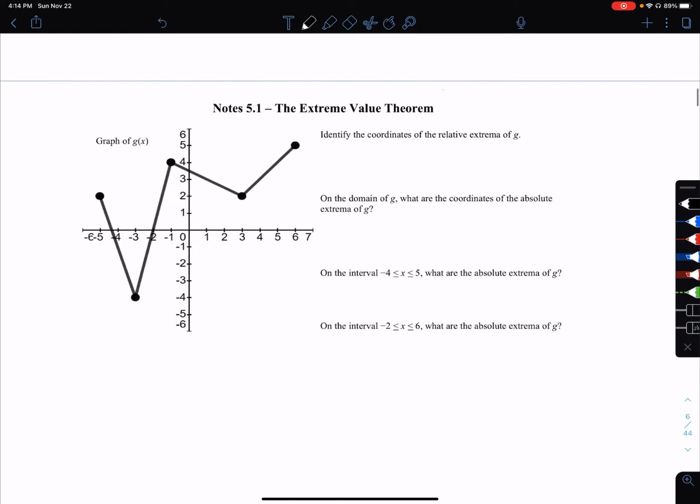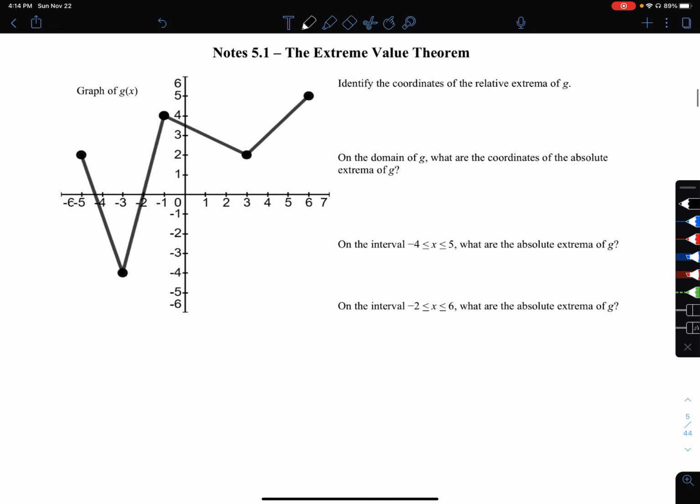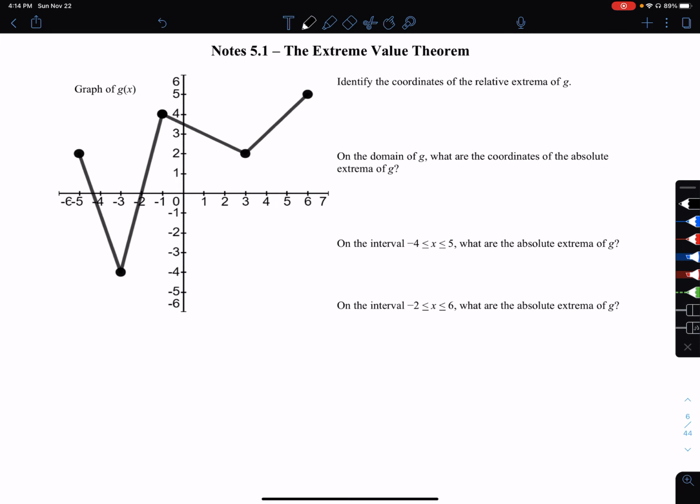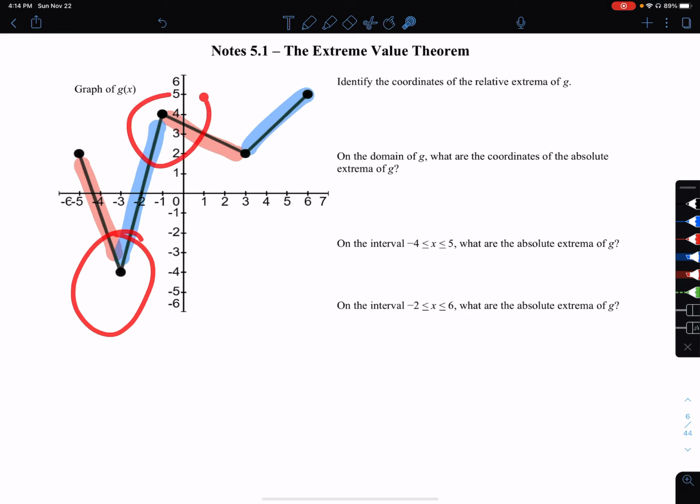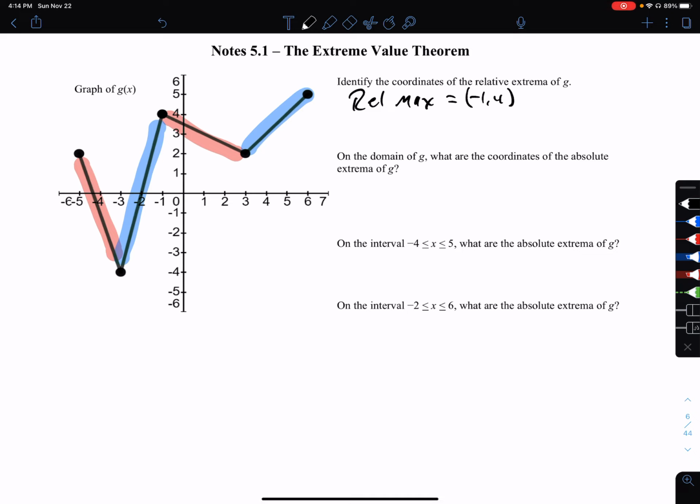Identify the coordinates of the relative extrema of G. Relative extrema is where the graph changes from decreasing to increasing. That's our definition of relative extrema, and that's happening in 2 places, right here and right here. So we have a relative maximum at -1, 4, and we have a relative minimum in 2 different places.